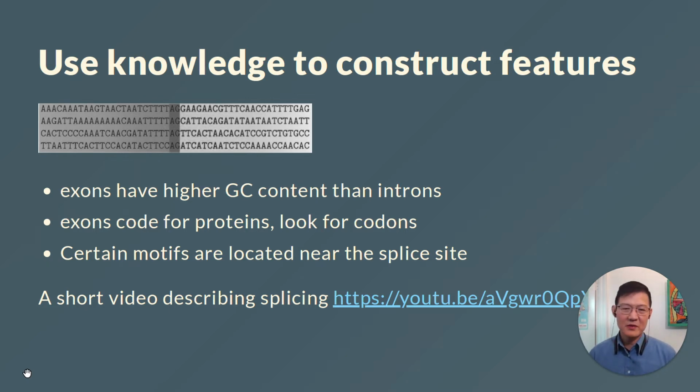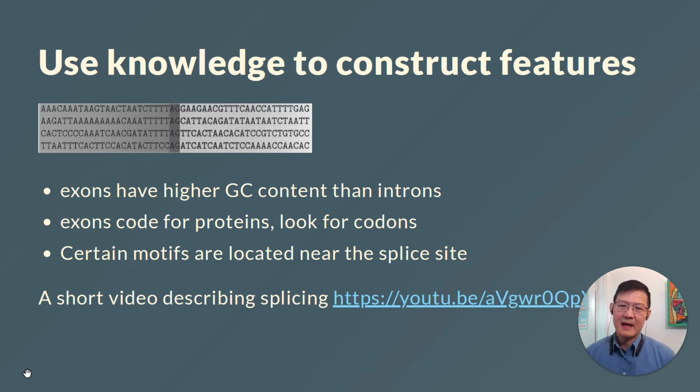Okay? So we can use biological knowledge. We've known for a while that exons, the part that encode for proteins, have higher GC content than introns. We also know that the exons encode proteins, and so we can look for these codons. Remember, codons are these 3 letters of DNA that get translated into a peptide.